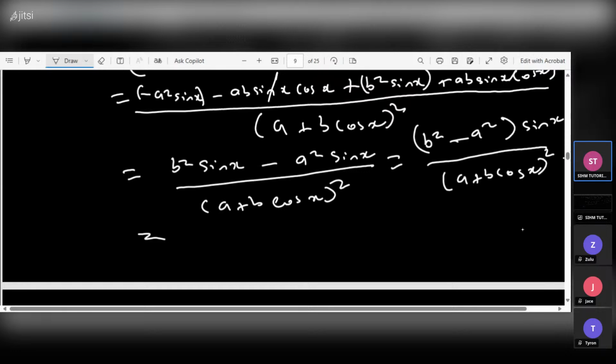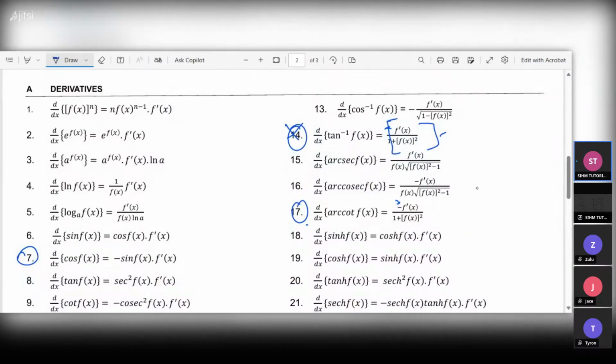That means this is now the derivative of the cos inverse function. So now you need to go to the formula sheet and find how to derive that function. Sorry, I was looking for the formula sheet. The formula sheet is here.